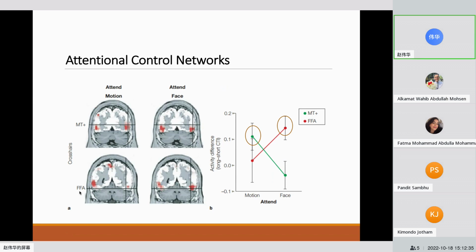The maximum activations are seen in MT plus when attending to motion, and in the FFA when attending to faces.